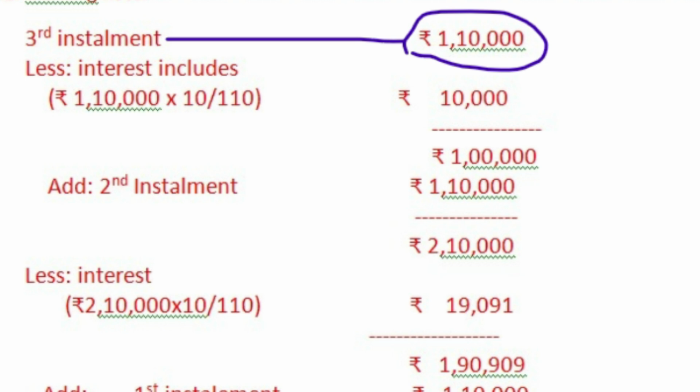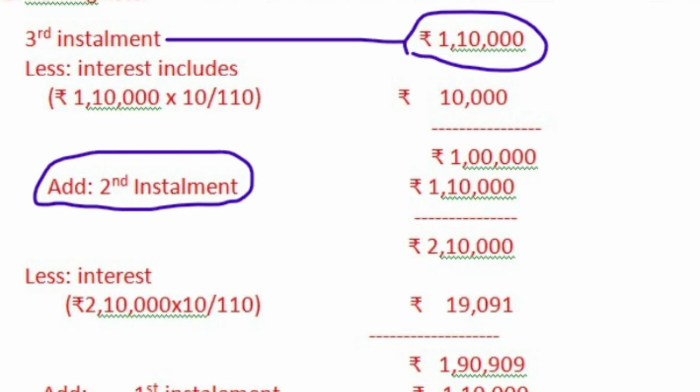The value obtained is the cash price of the machine. Without the cash price of the machine, depreciation cannot be charged, because depreciation is charged on the cost price of the machine. So for this also we have to calculate the cash price.